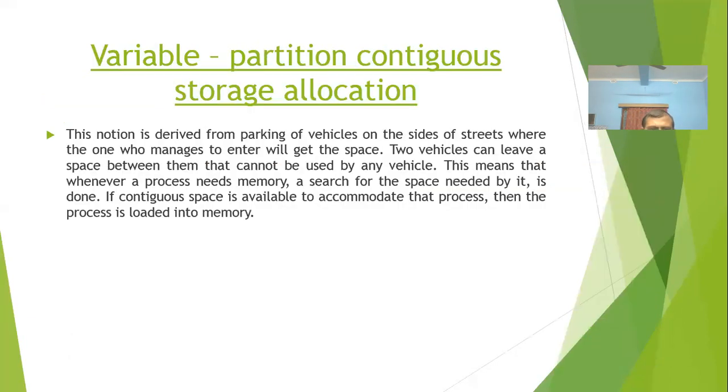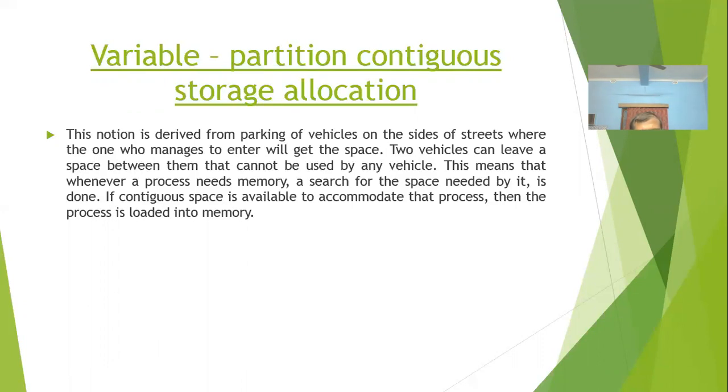Now, take the reverse case. Let's consider a practical example here. Suppose you are traveling with a particular vehicle, say a two-wheeler, and you want to park it at a particular place.